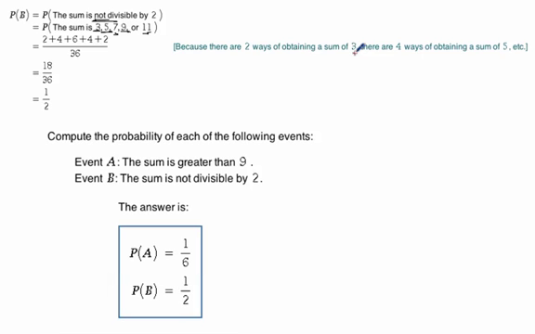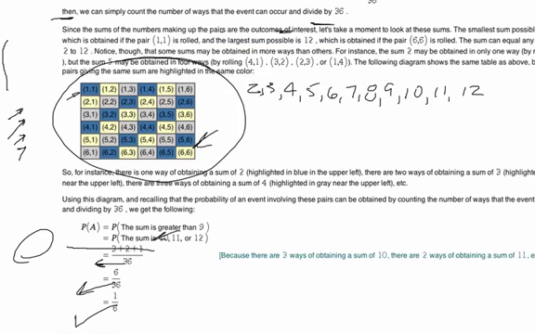Because there are 2 ways of obtaining 3. How many ways can be 5? There's 4 of those ways of obtaining 5. Remember back here? So 3 counts, so we have to add those up.